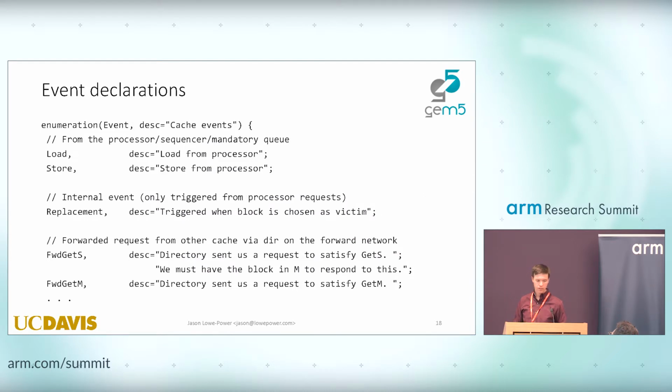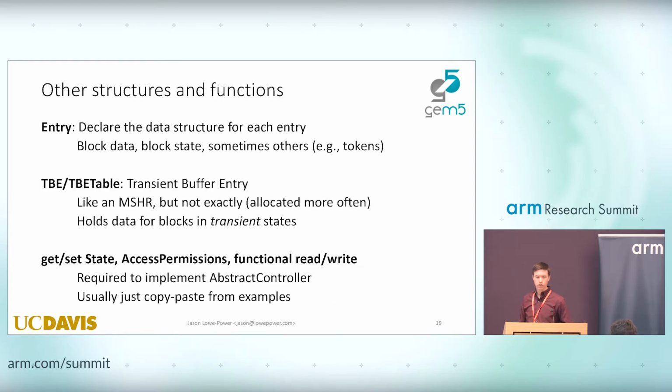Next is the events. These are different events that you might want to trigger based on incoming messages. So things like loads and stores from the cache for an L1, replacements, etc. There are a lot of other structures that end up in here too. And specifically, one of them that causes a lot of confusion are TBEs.